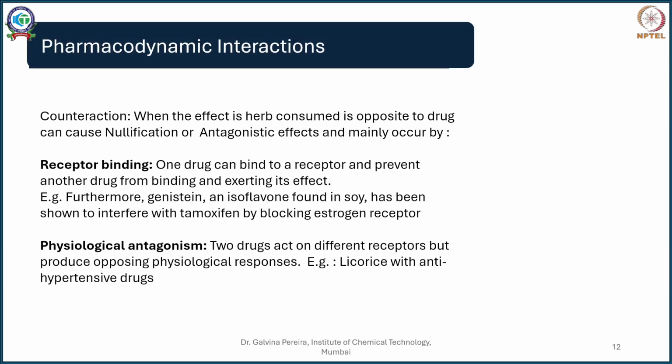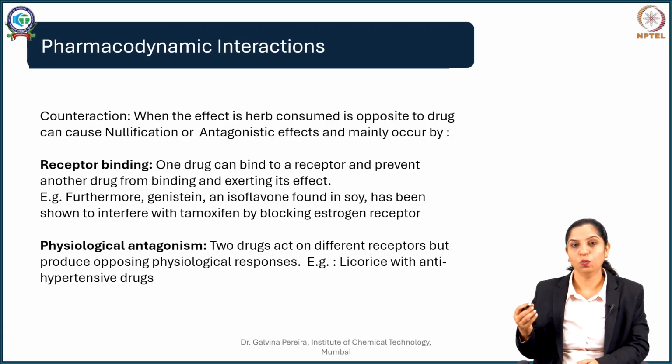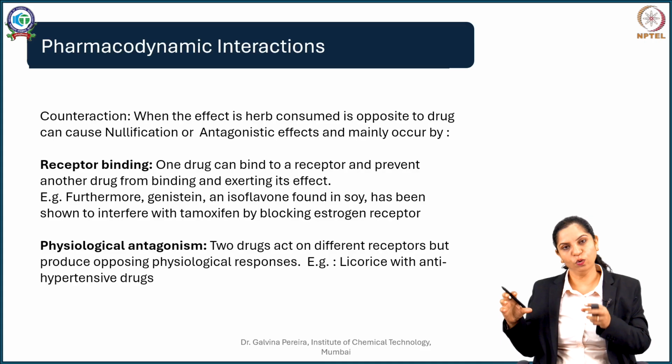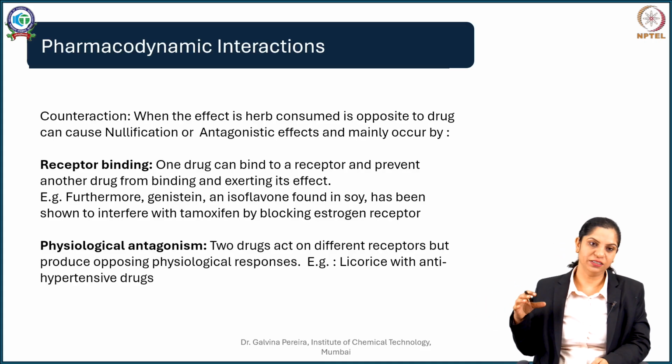Now, going to the mechanisms of pharmacodynamic interactions, they generally happen by receptor binding. Pharmacodynamic interactions generally happen when two moieties, that is the phytoconstituent as well as the drug, try to bind to the same receptors.